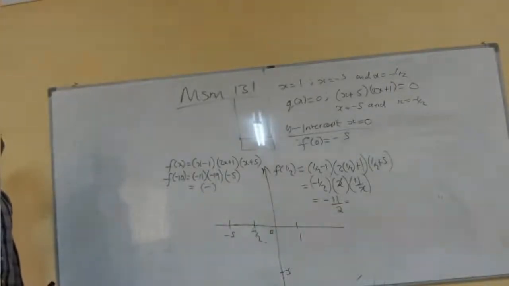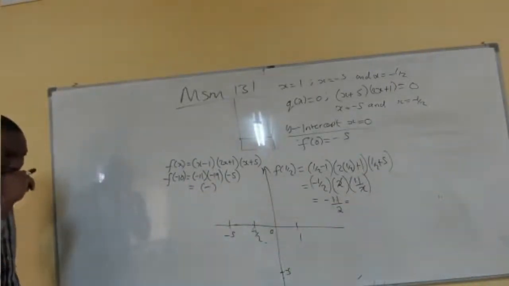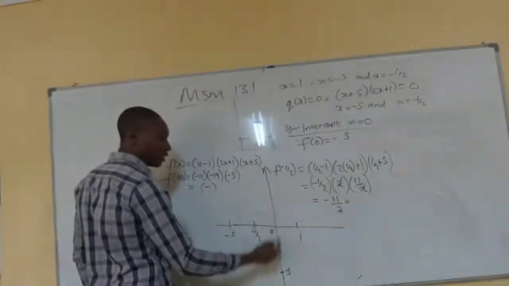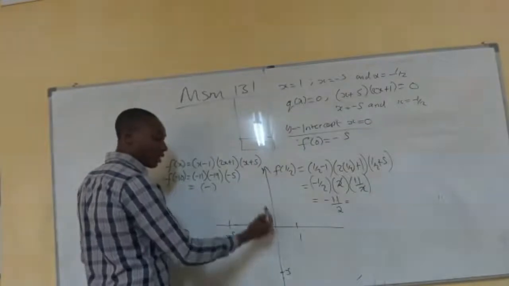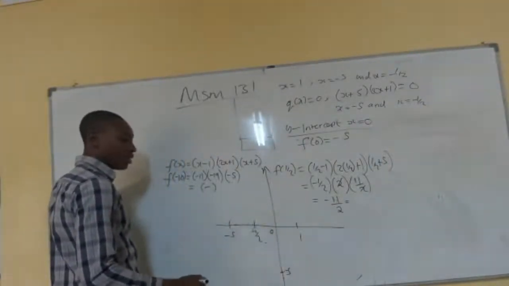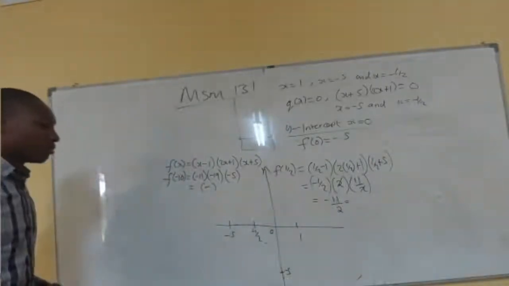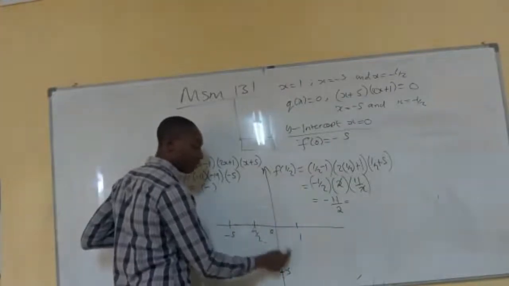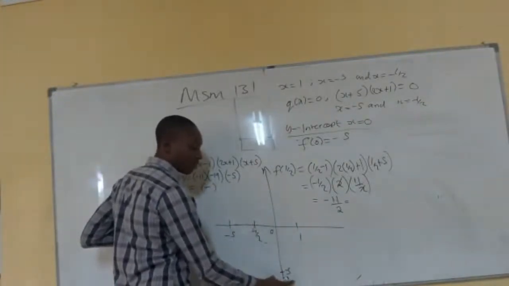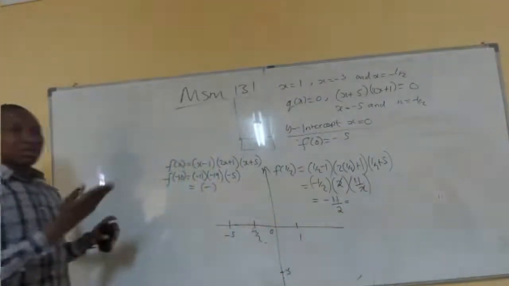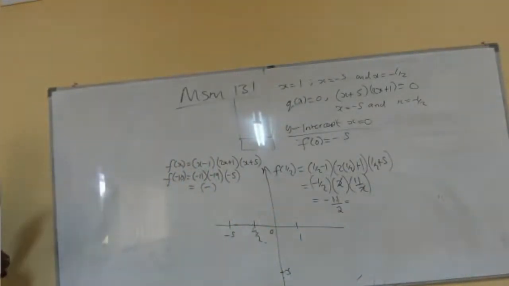So that implies that the turning point is actually beyond this line. The turning point is beyond that line. If we had half here and the answer ended up being maybe above negative 5, then we would assume that the turning point is before the negative 5.